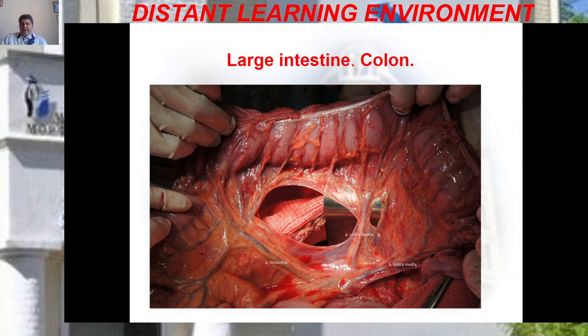So also you can see the fatty appendices, which are called appendices epiploicae. These are also a difference between the large and small intestine.